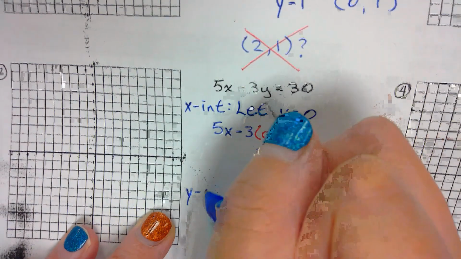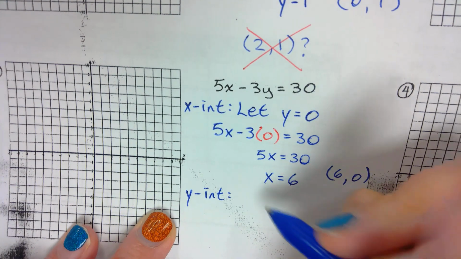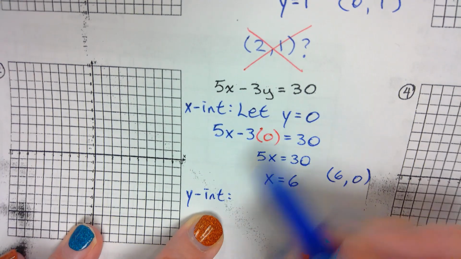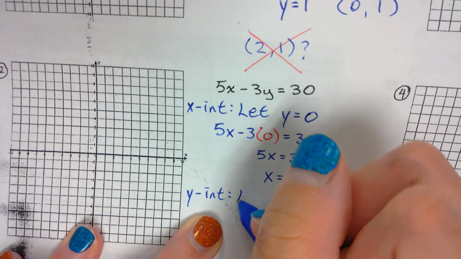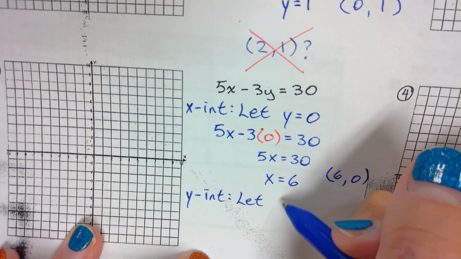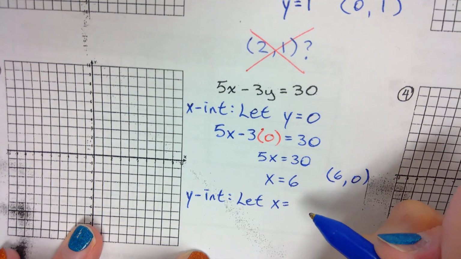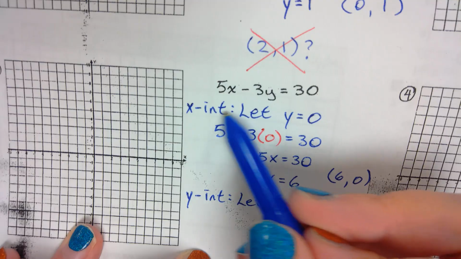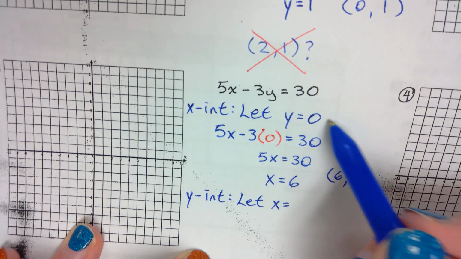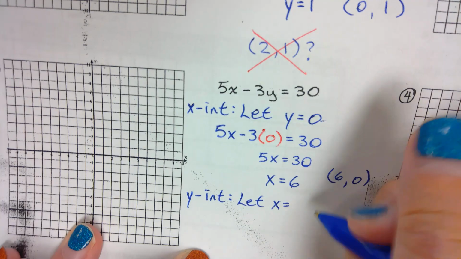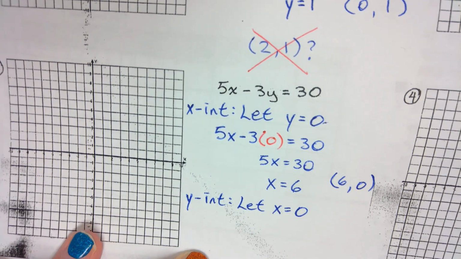So if I want to find x-intercept, I let y equal 0. So when I want to find y-intercept, I'm going to let x equal 0. Right? Good.